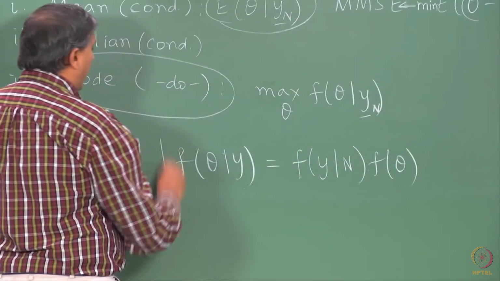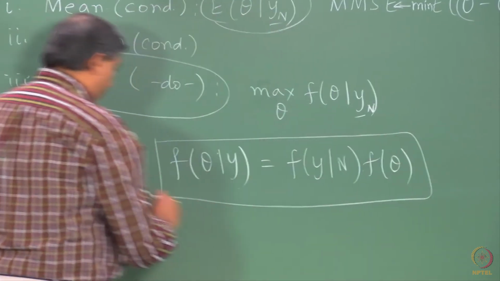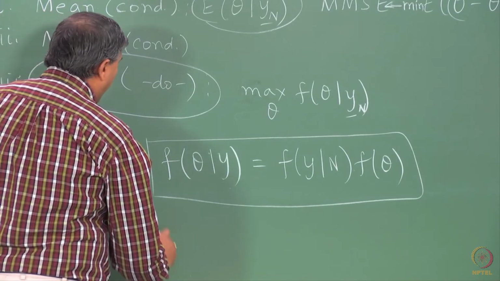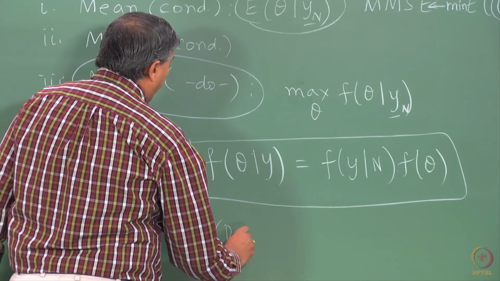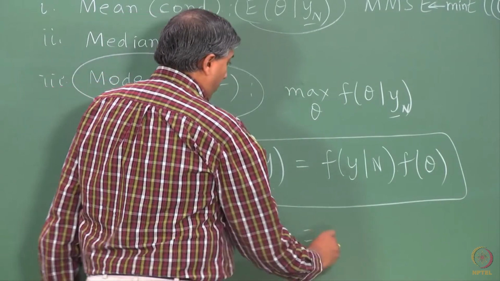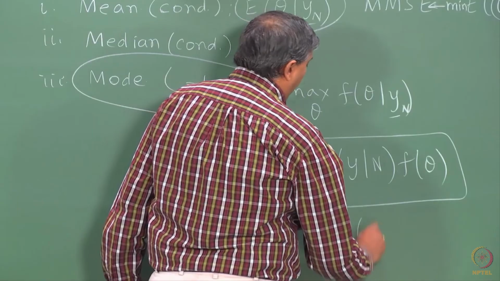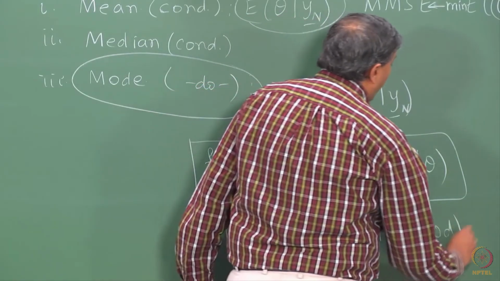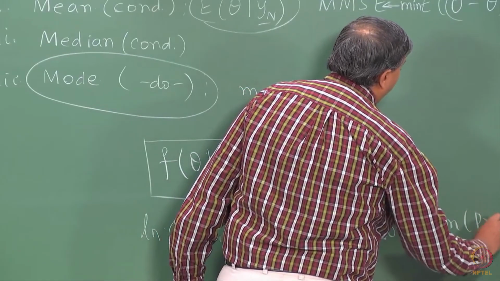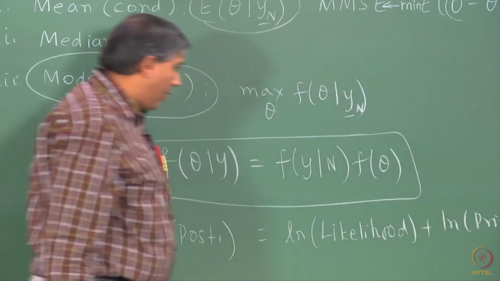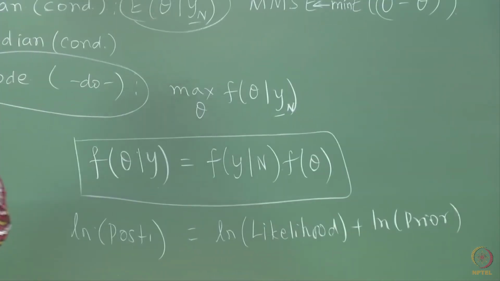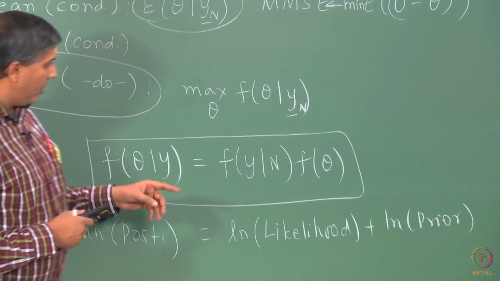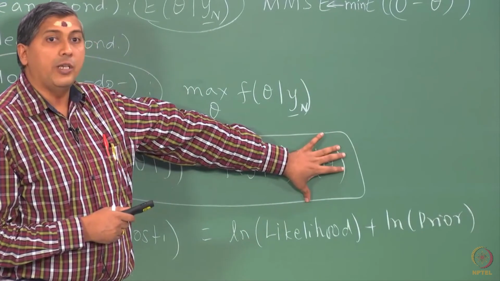If you look at this expression carefully and I write this in logarithmic form like we have done there, the log of the posterior is the logarithm of the likelihood plus the logarithm of the prior. If you look at this carefully, the first point to observe is, suppose I assume f of theta to be constant.